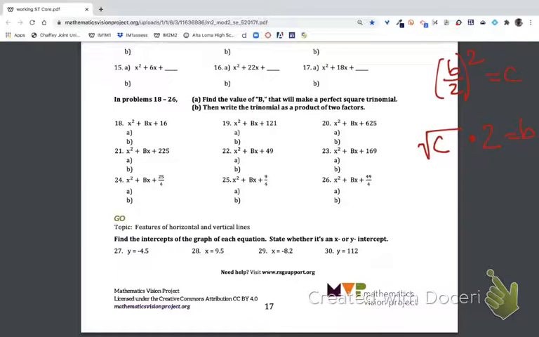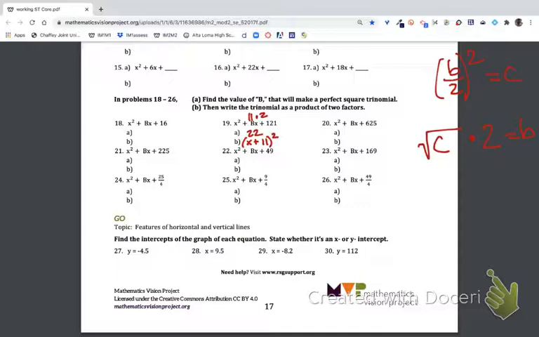I'll make that a little bit clearer for you. That's 11 times 2 gives me 22. And if I wanted to write this as a factor of two terms, x plus 11 squared is what I'm going after.